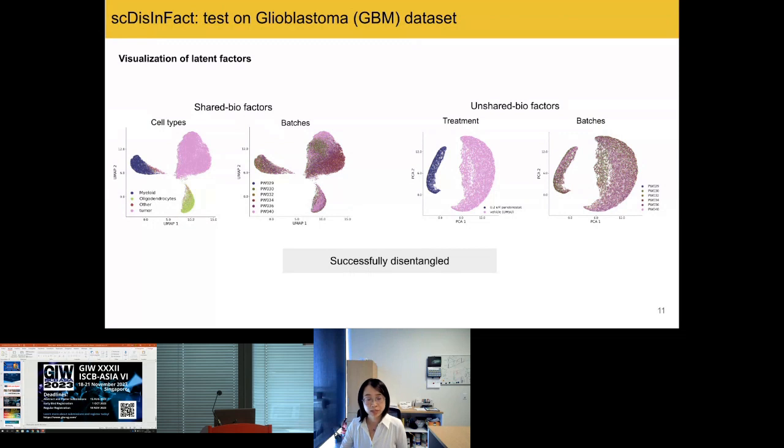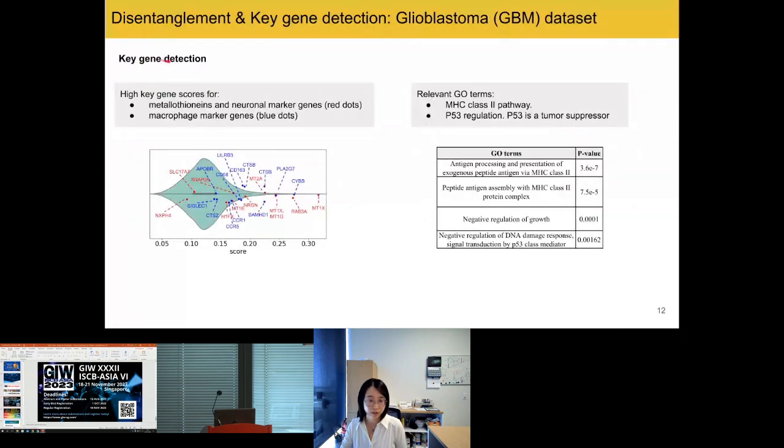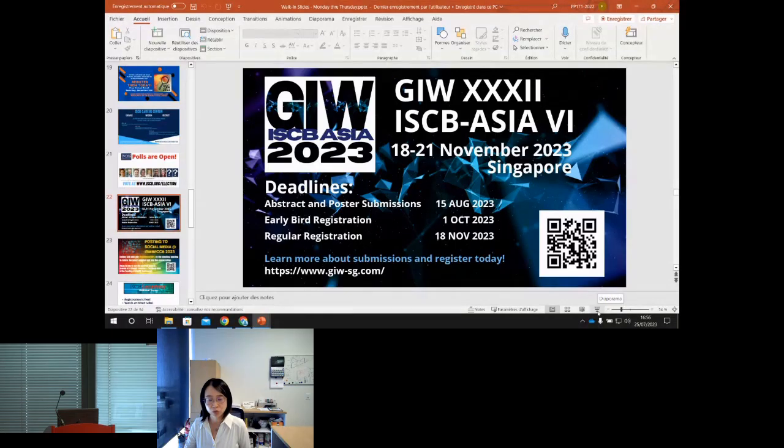So this result shows how we can detect the key genes that are associated with the different conditions in this data set. The key genes are obtained by a score that we have designed in our method, and the genes with top scores are more likely to be the key genes.